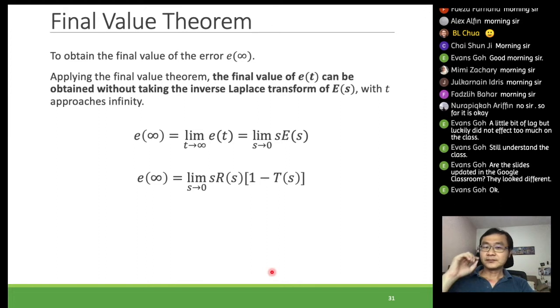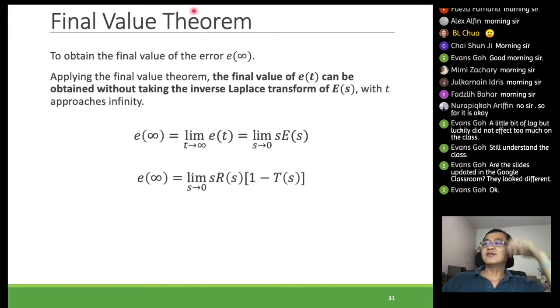Based on that equation, now we would apply a theorem we call the final value theorem. This theorem is basically a mathematical theorem where we evaluate the final value when time approaches infinity. Because of the Laplace transform behavior itself, when the time approaches infinity, the s actually approaches 0, so we can always take a limit of it.